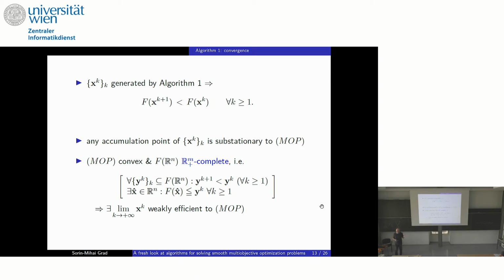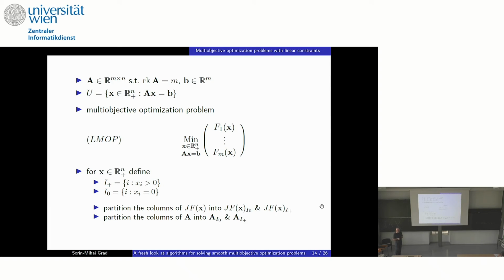It can be found, for instance, in the book of Dinh The Luc from '85, I guess. So it's a legit assumption from the community of vector optimization. Under these assumptions, the sequence xk actually converges to a point which is weakly efficient because of the convexity of the initial problem. So the algorithm delivers what it's supposed to deliver.